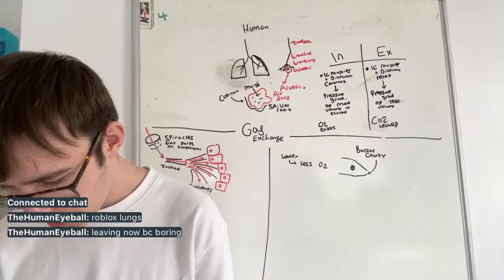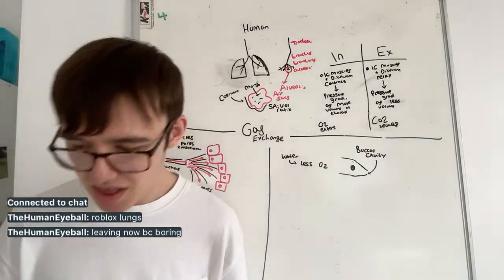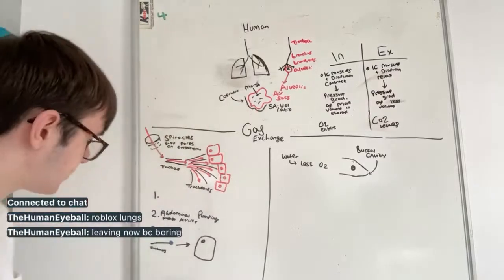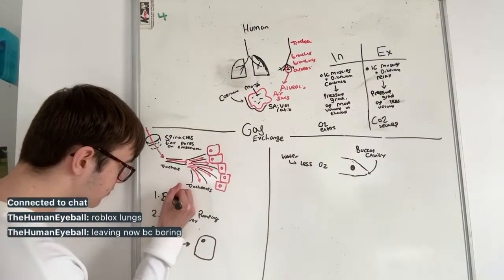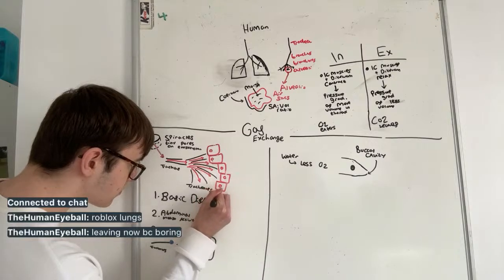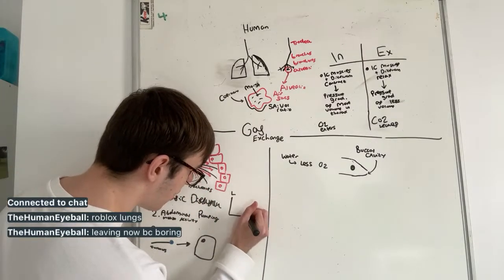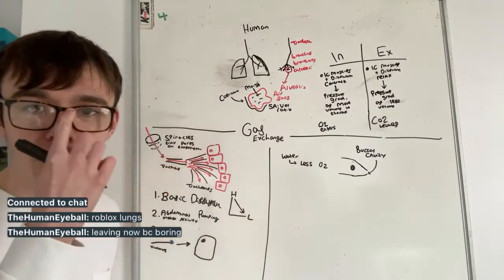Gas exchange happens in three ways. Number one is basic diffusion, the easiest one. It goes from an area of high concentration to low, down a concentration gradient.